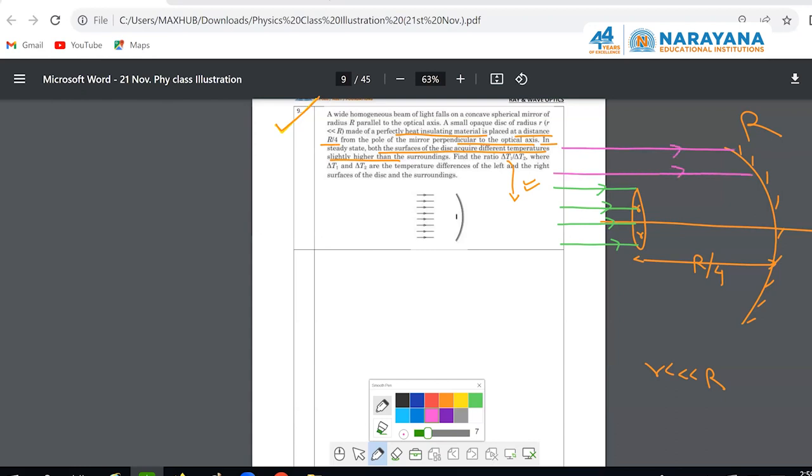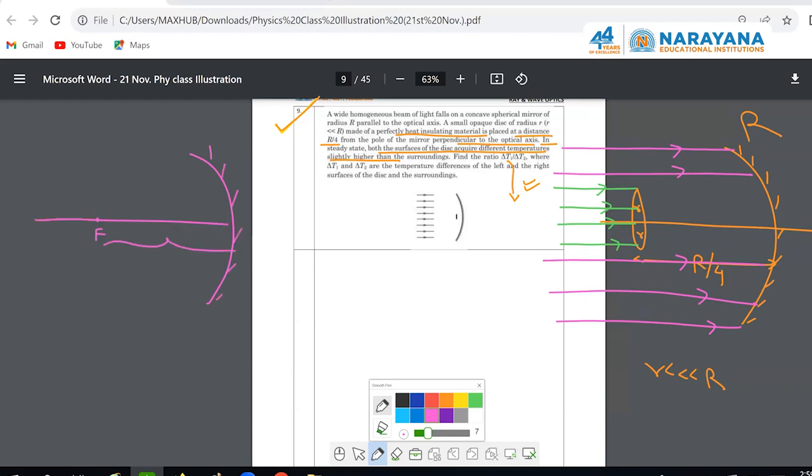And now we want to consider those rays which will impact the right hand side. Now, because all of them are coming parallel, if I would have drawn it separately, I would have given you a clear picture. This beam would have entered this point F, which is at a distance of R by 2 here. And you understand that you can only consider those rays which are above this radius, which is small r.